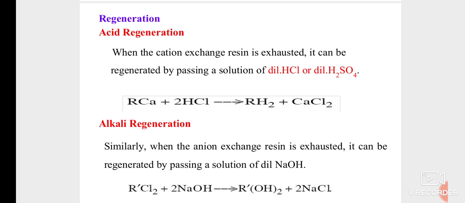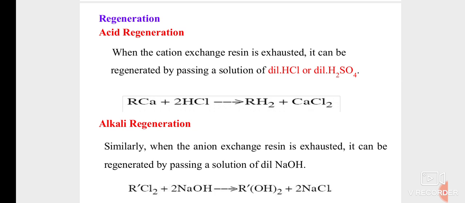After absorbing the cations from the water, the RH2 is converted into RCa. So that RCa reacts with the regenerative chemical 2HCl, hydrochloric acid, to form again RH2 plus CaCl2. So CaCl2 is evolved from the water.